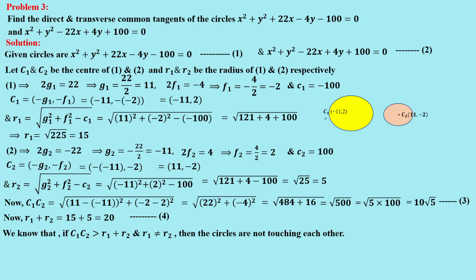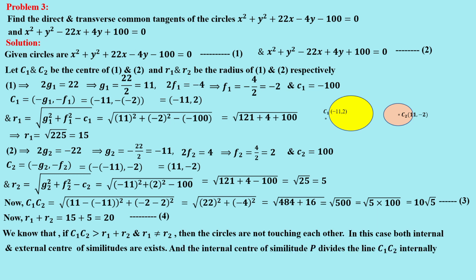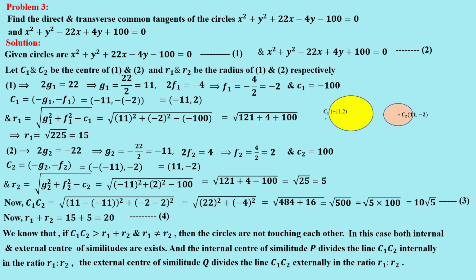Now we know that if C1C2 is greater than r1 plus r2 and r1 not equal to r2, then the circles are not touching each other, right? In this case, both the internal and the external centers of similitude exist. The internal center of similitude P divides the line C1C2 internally in the ratio R1 is to R2, and the external center of similitude Q divides the line C1C2 externally in the ratio R1 is to R2, right?